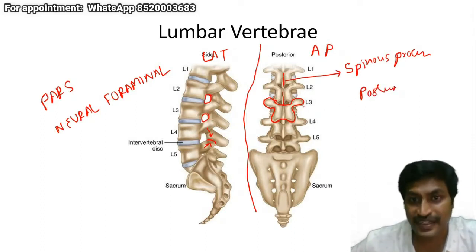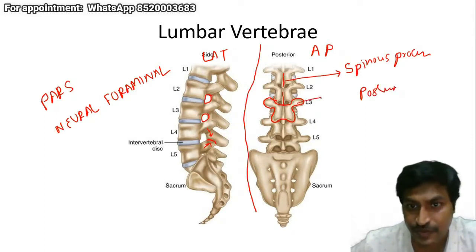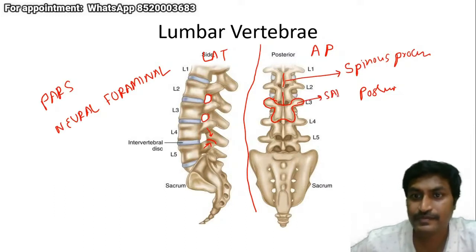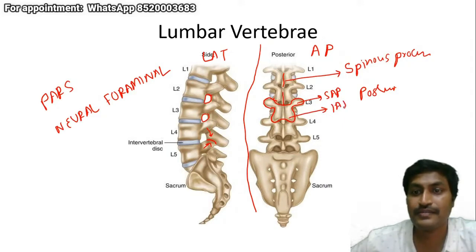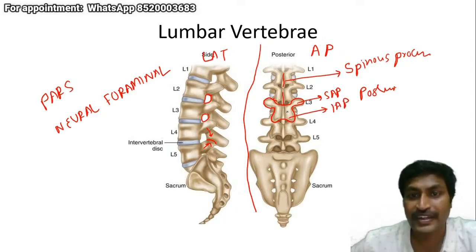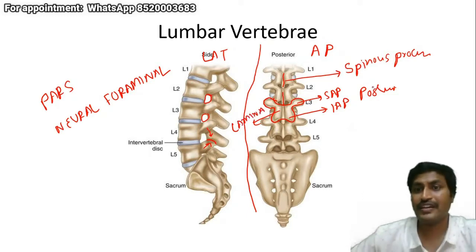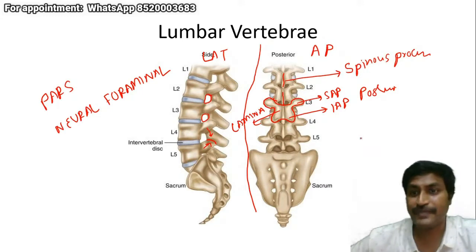Okay, this butterfly, this one is a superior articular process. This is the inferior articular process. This body of the butterfly is the lamina. Okay, unless and until you identify this butterfly, you will not be able to interpret AP X-rays.